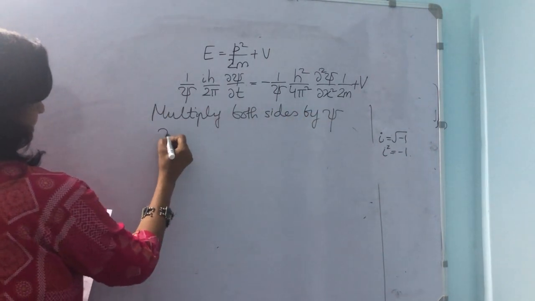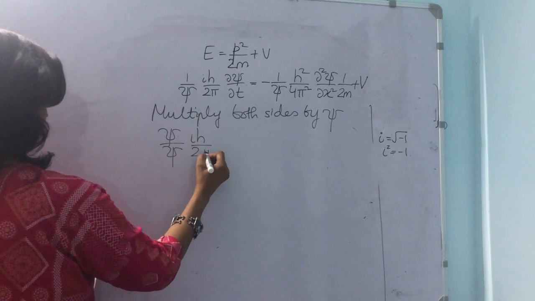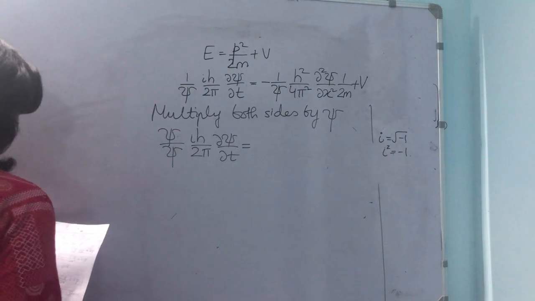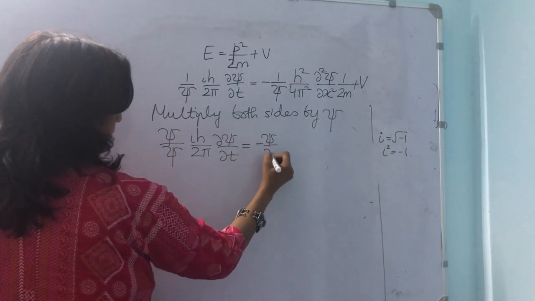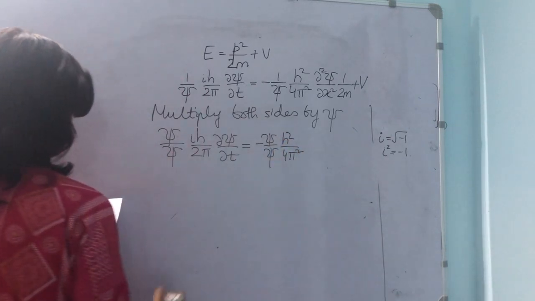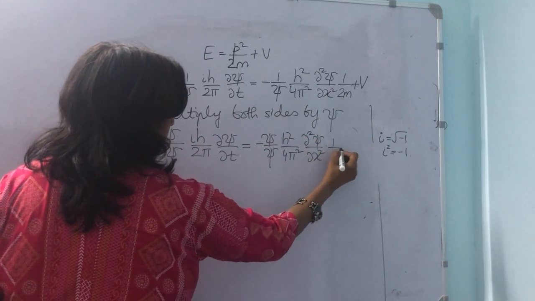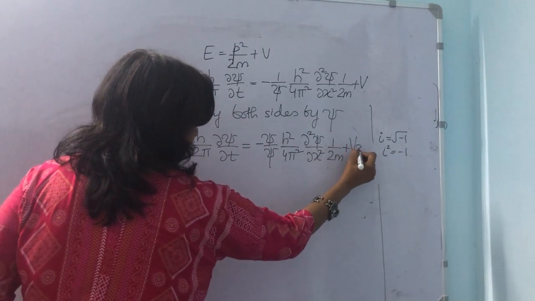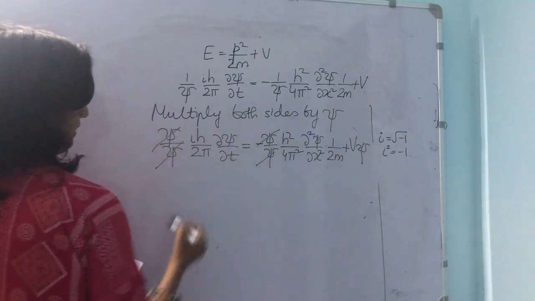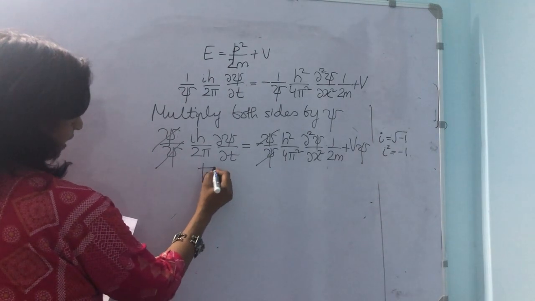We get i h upon 2 pi del phi by del t is equal to minus phi upon phi h square upon 4 pi square del 2 phi by del x2 into 1 upon 2m plus V phi. Now phi gets cancelled.